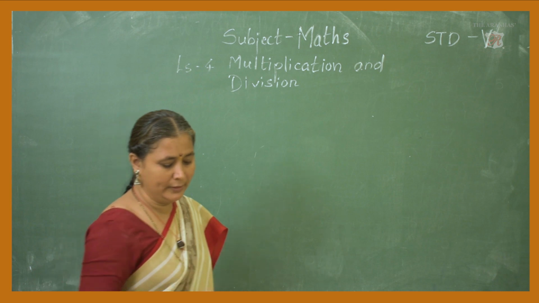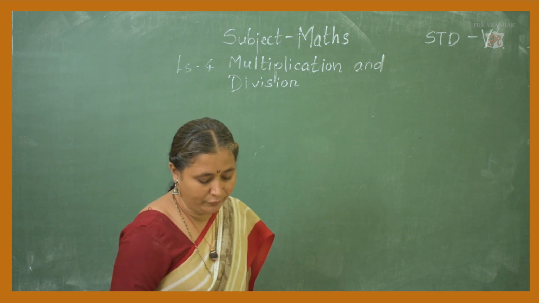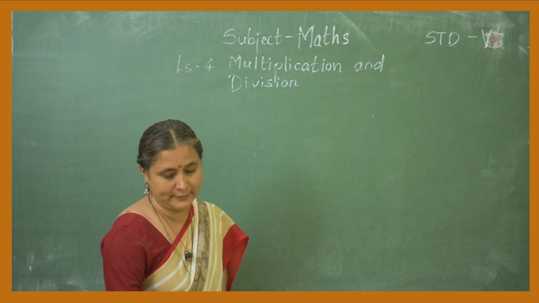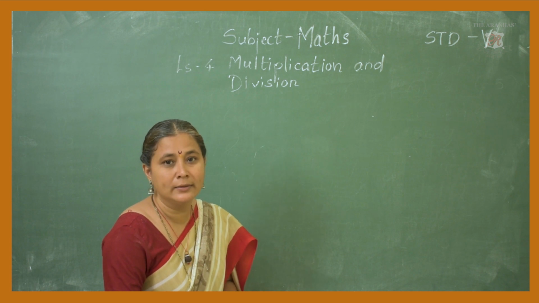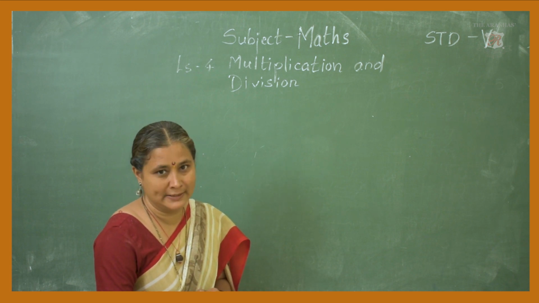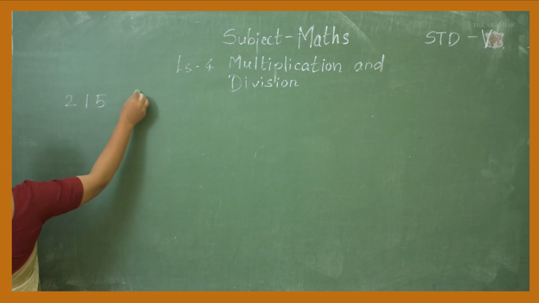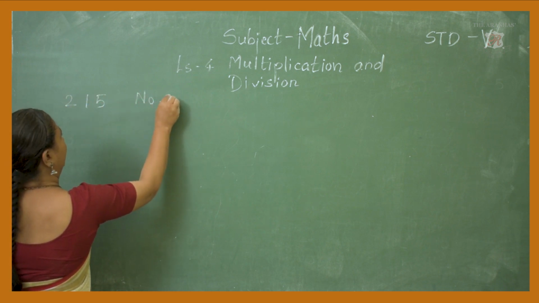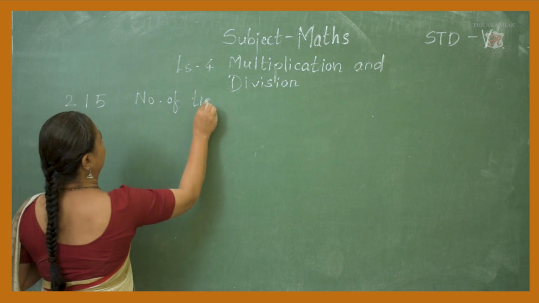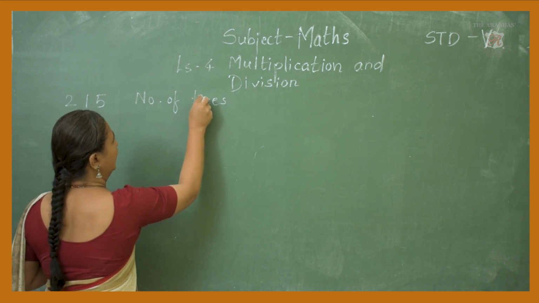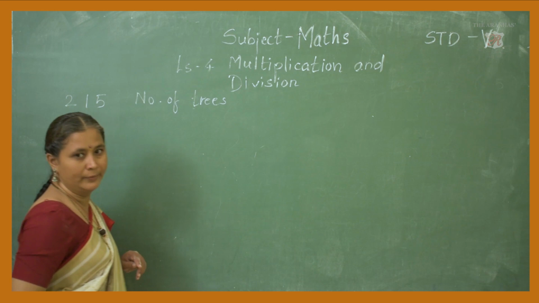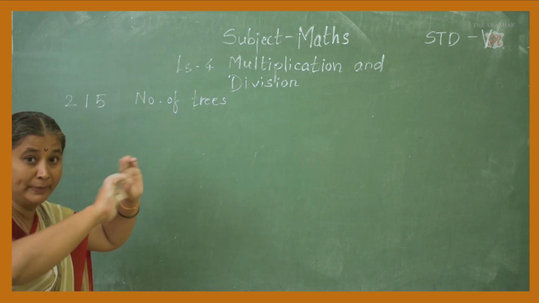See now, in a plantation, saplings of 215 medical trees, isn't it? Now what is that? Number of trees, isn't it? So here 215, right in front of that number of trees. Medical trees it is, but write trees because we have no place to write a big sentence.